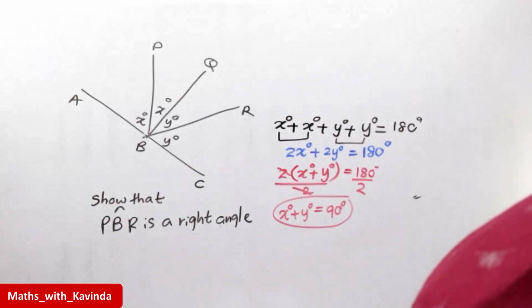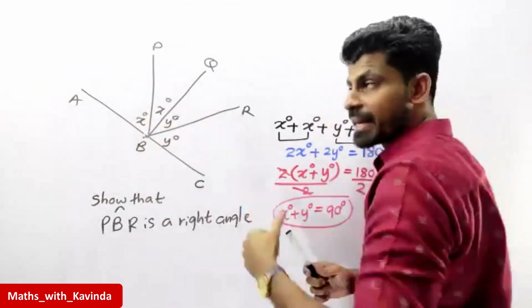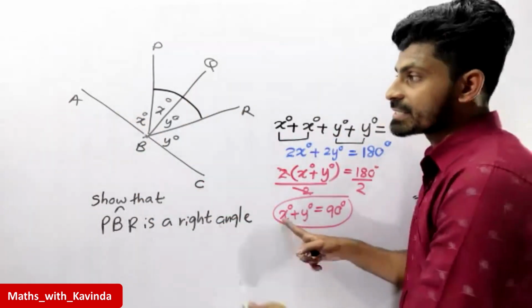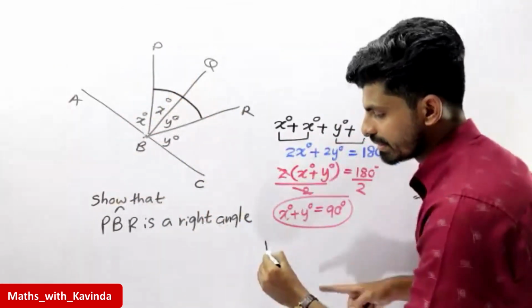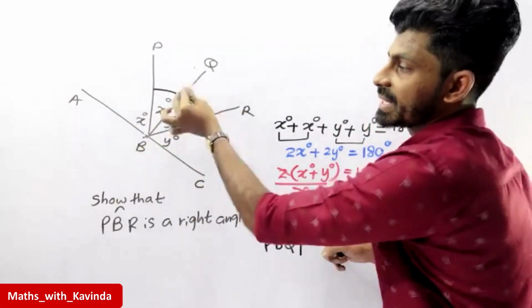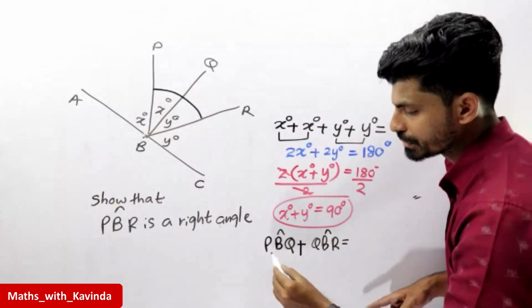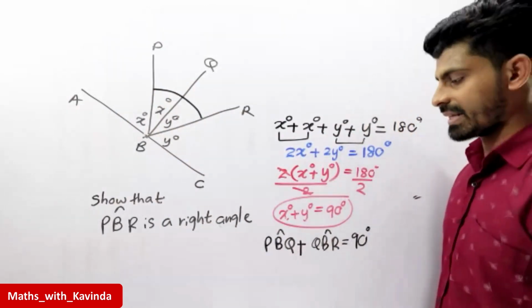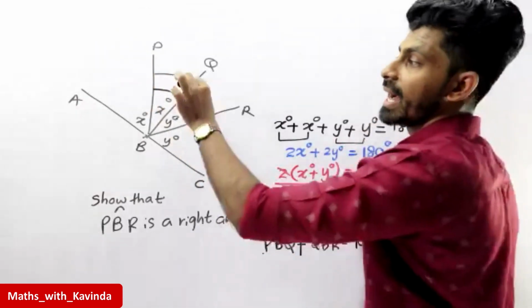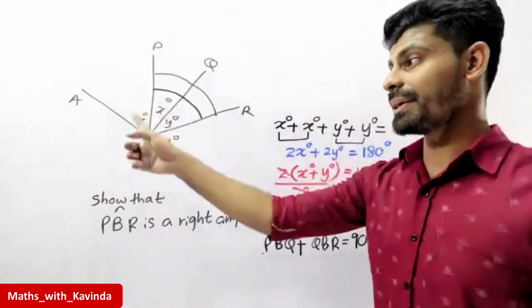PBR means this one. X means PBQ, plus Y means QBR, equals 90. PBQ is this one, QBR is this one, so we need to take that full angle. Full angle means PBR.